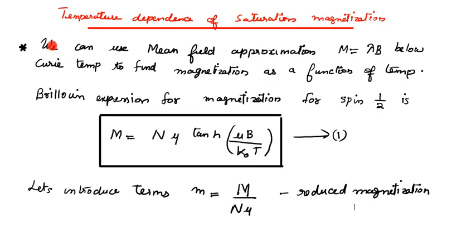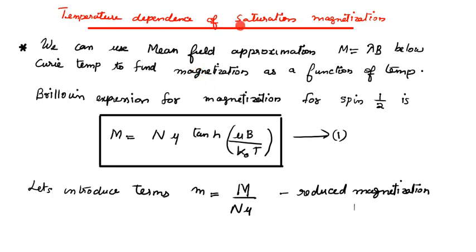To find the dependence, let us use mean field approximation, that is given by this equation: magnetization equal to lambda into field B. Lambda is a constant called mean field constant. Below Curie temperature, we will find the relation between magnetization and temperature.